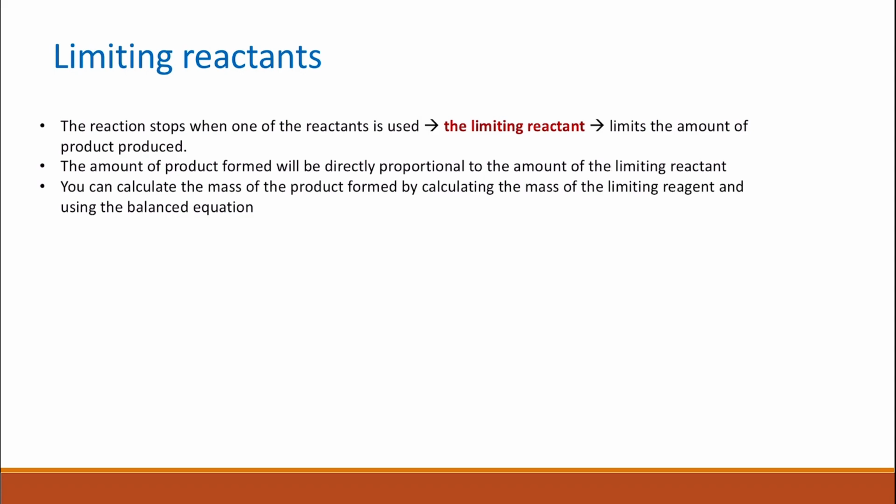So if you double the amount of the limiting reactant, the amount of product produced will be doubled as well. You can calculate the mass of the product formed by calculating the mass of the limiting reactant using the balanced equation.